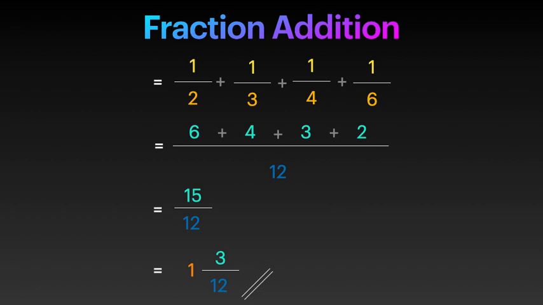Now again look at the next. It is 1/4. What is the equivalent fraction whose denominator is going to be 12? That means 4 becomes 12. It had been multiplied by 3.